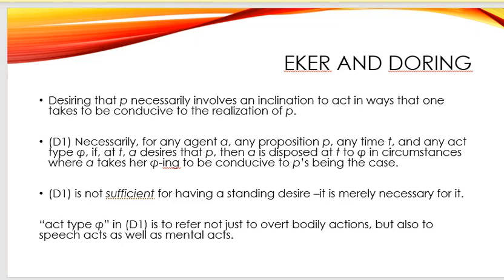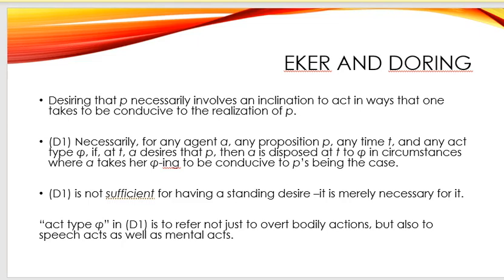Let me translate this for you, okay? What they're saying is that at 1 o'clock, if I want a cup of coffee, then I'm going to be disposed at 1 o'clock to do certain things that will bring it about that I get a cup of coffee. So phi will be things like getting my wallet and walking to the coffee shop.